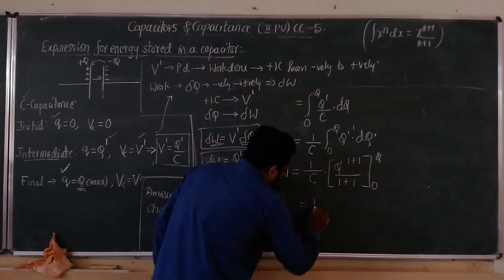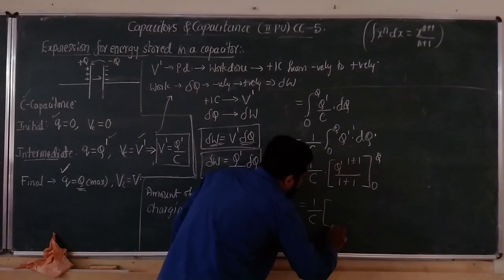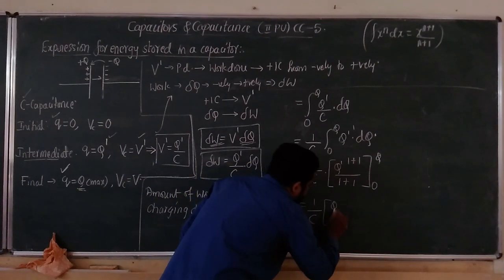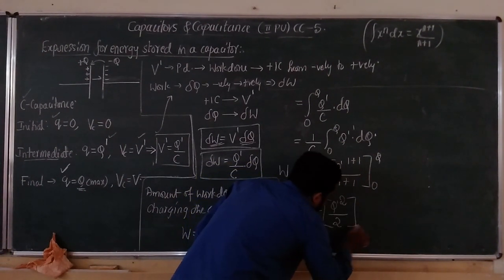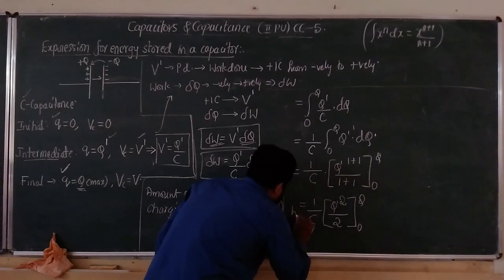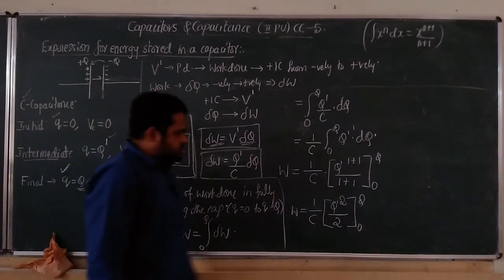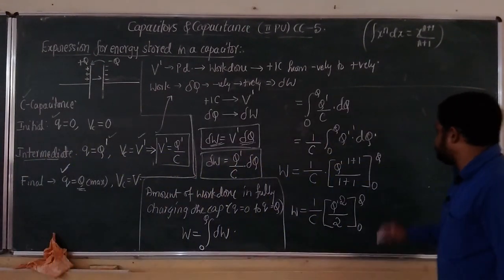So that is equal to 1 by C into Q dash to the power 1 plus 1, that is Q dash square, divided by 2, with limits 0 to Q. In the last step, substitute the limits.